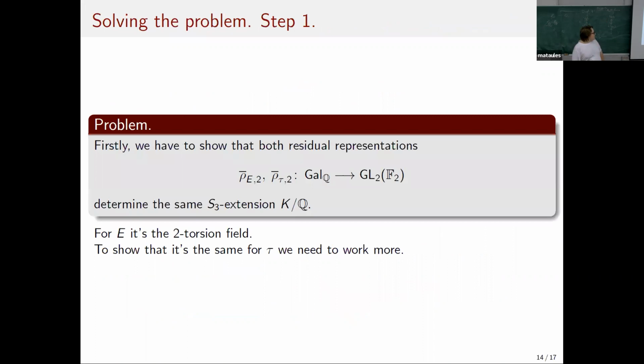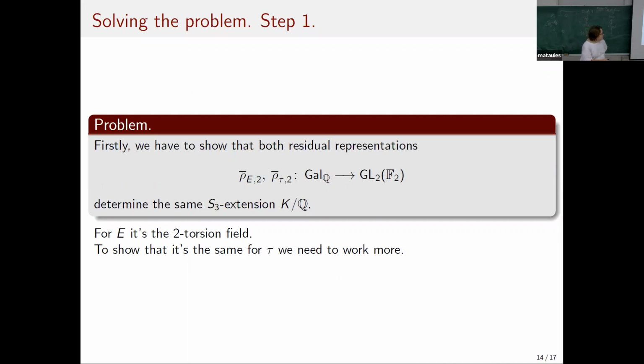Okay. So first problem. How do we check that these two representations satisfy the hypothesis? Well, we have to check that they determine the same K extension. For the elliptic curve case, it's easy because it's a classical result. It's from Sánchez, and he proves that the S3 extension K over Q is actually the trivial one.